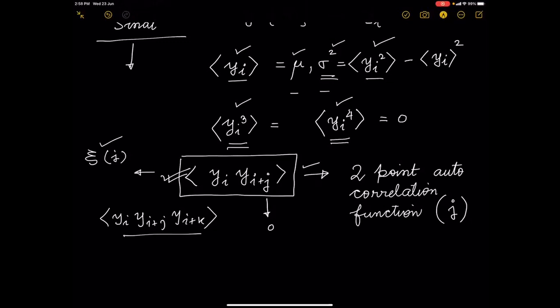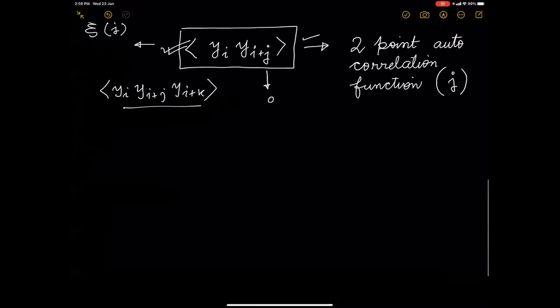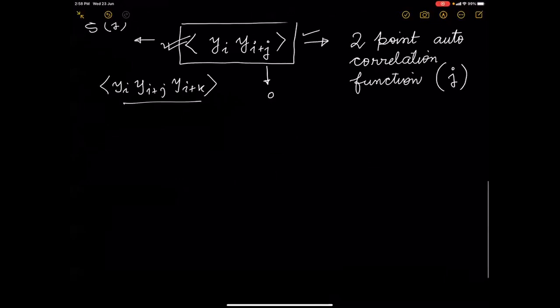I can have 2 different random signals, like y1 and y2, and try to correlate them. Then it will be called a cross correlation function. We'll see one type of cross correlation function in our discussion. So let's try to use this and see what information of a signal it can give.